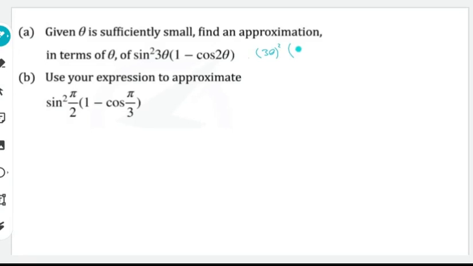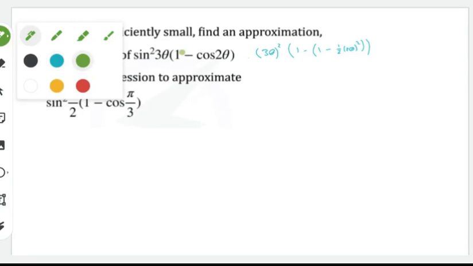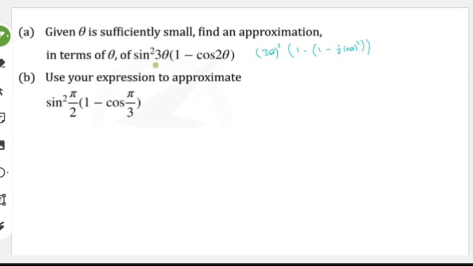And then 1 minus the bracket 1 minus a half (2 theta) squared. The 3 theta squared pertains to sine squared 3 theta, and we've got 1 minus, and then the bracket bit is the cos 2 theta substitution.